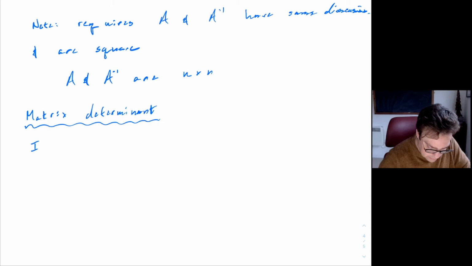So it only works for square matrices. So if A is square, so again, that means it's n by n, where n is some integer, then this symbol represents the determinant of A.